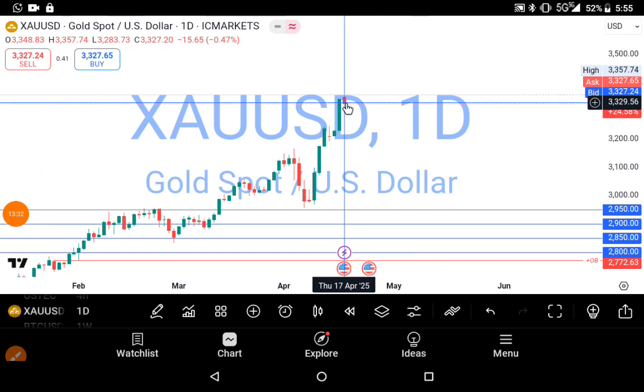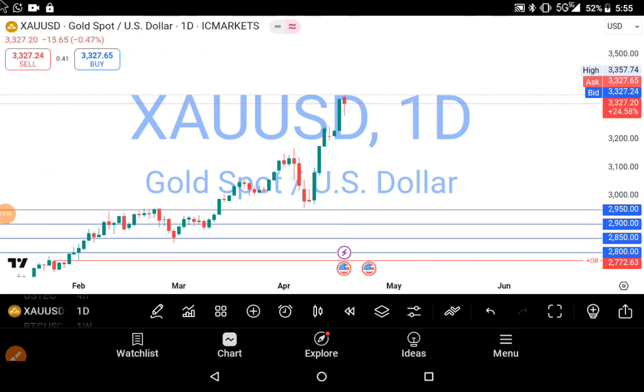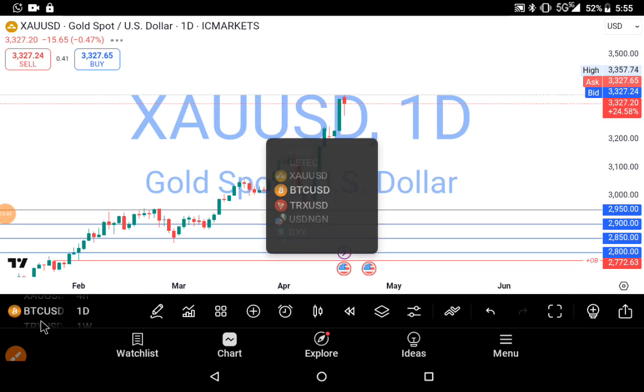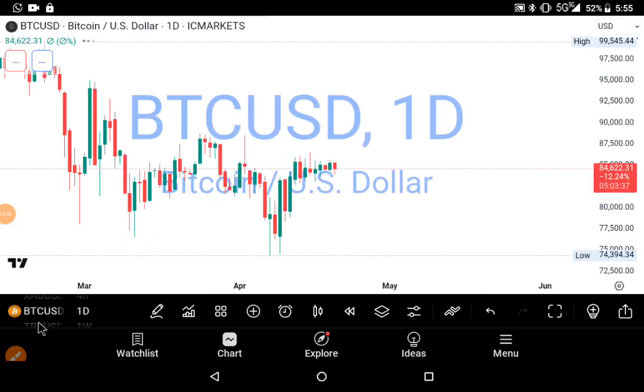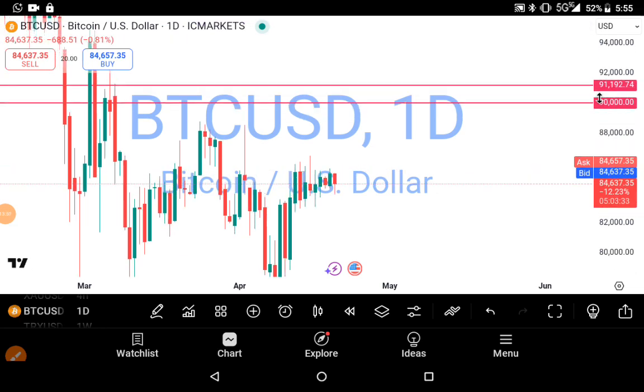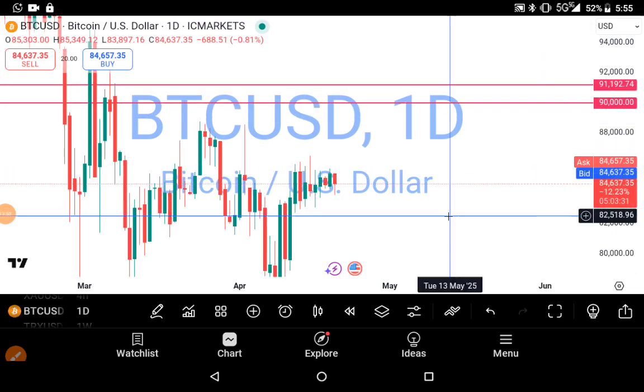Then on BTC, the last but not the least, I'm still interested in the market price of BTC visiting its 80,000. It's just going around 85, 84, 85, 84. So the market of BTC is still range bound.